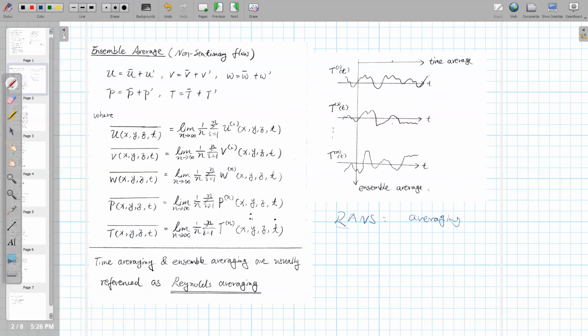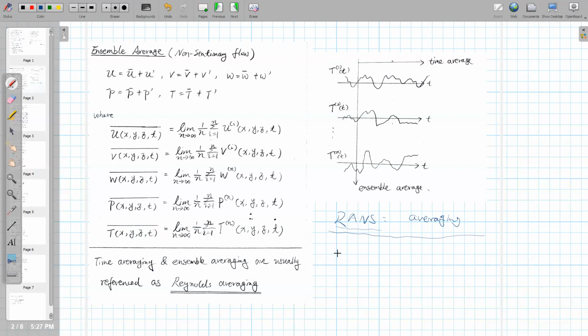What is RANS? RANS means the Reynolds-averaged Navier-Stokes equations. We will go to the equations there. Basically, the way we treat the Navier-Stokes equation is by using these averaging techniques, either time averaging or ensemble averaging. So this is one way we study turbulence, right?